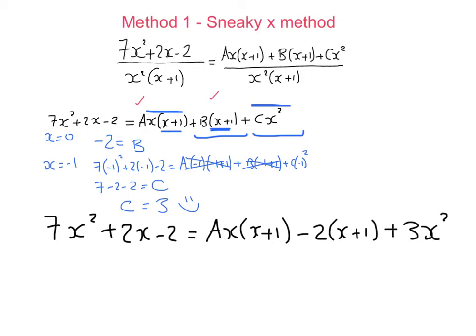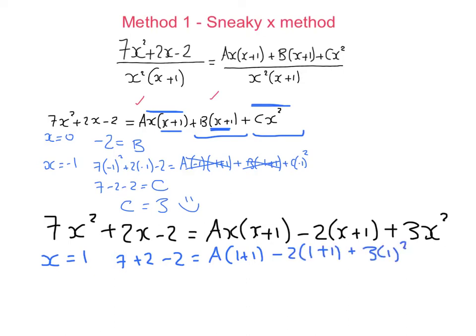Okay, now this is true for any x at all, so it must be true for x is 1. This isn't going to be particularly sneaky, but we can still use x is 1. Let's see what we get. 7 plus 2 minus 2 equals a times 1 times 1 plus 1, minus 2 times 1 plus 1, plus 3 times 1 squared.